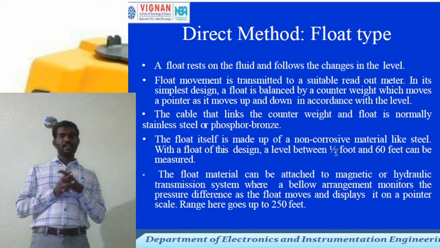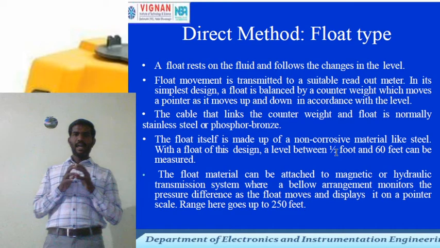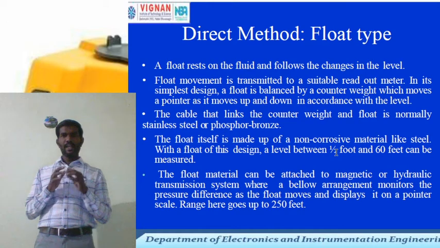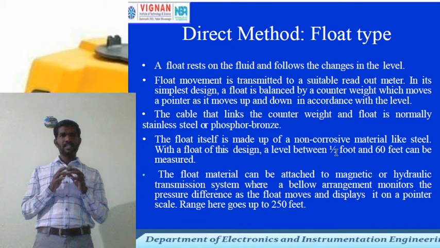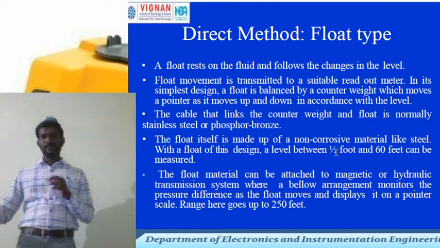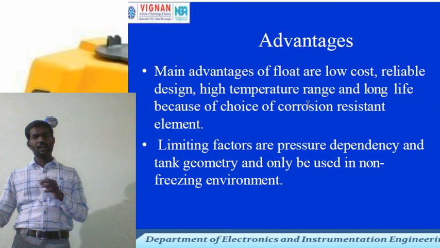The float can be attached to a magnet or a hydraulic transmission system, where a bellows is arranged to monitor the pressure differences as the float moves and display it on a pointer scale. The range of this particular float type is accurately measuring up to 250 feet. This float type is also considered one of the direct method types of level measurement.